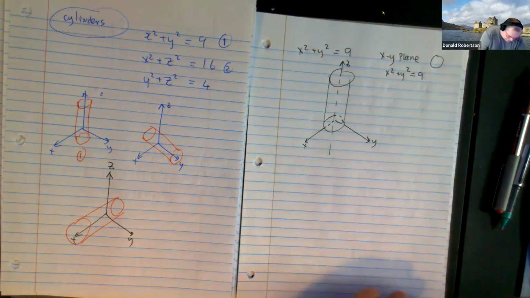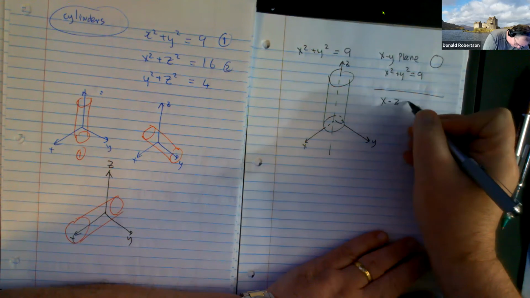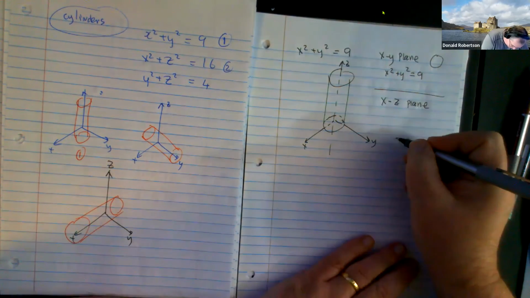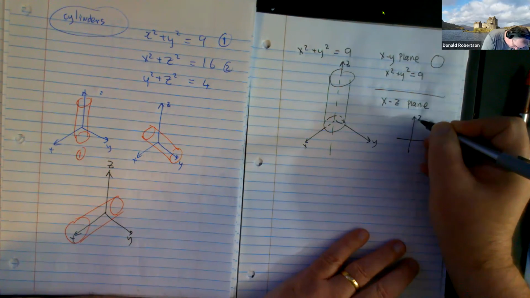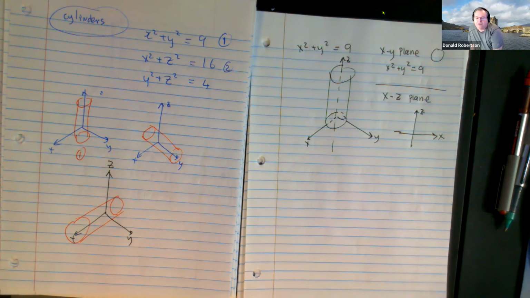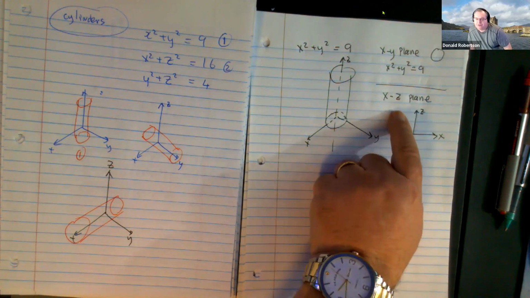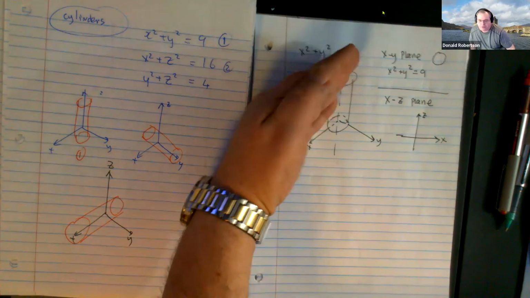Now, here's the weird one. So I'm going to have an x-axis and we're going to have a z-axis, right? So I'm down to 2D world. What would this cylinder look like if you found out how it intersects with the XZ plane, which is basically the left-hand wall?